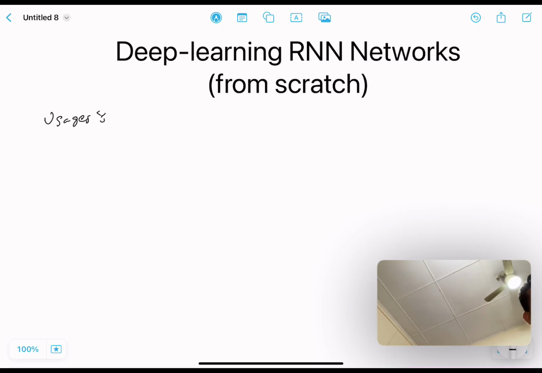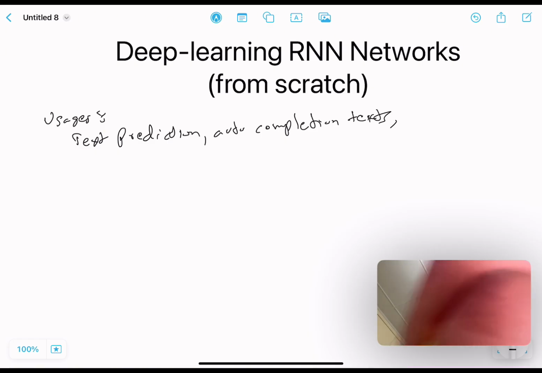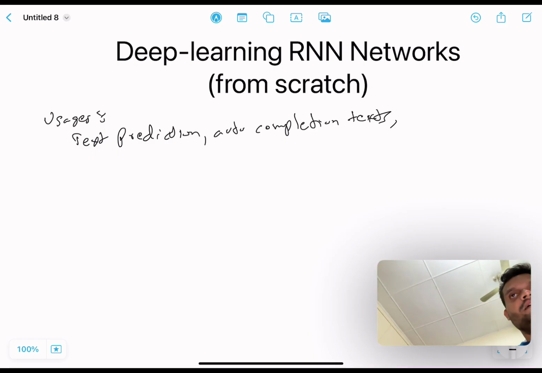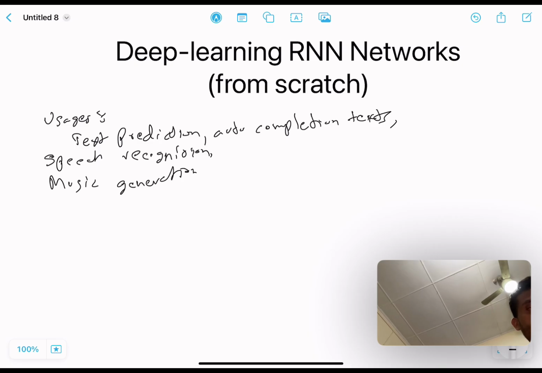As examples: text prediction, auto completion, speech recognition, music generation, identifying videos, and weather forecasting.